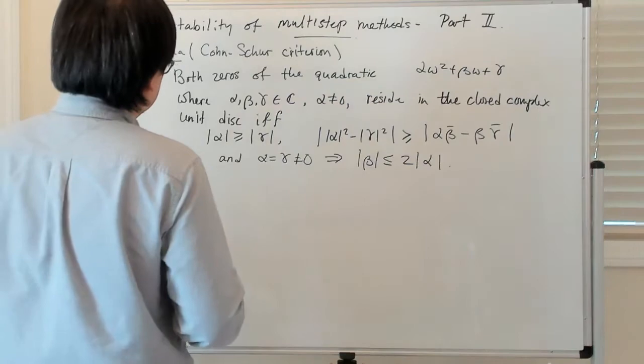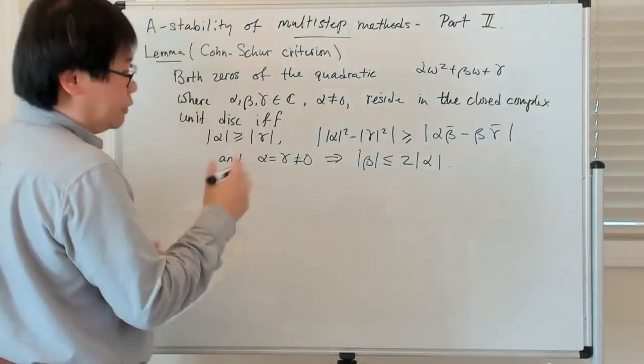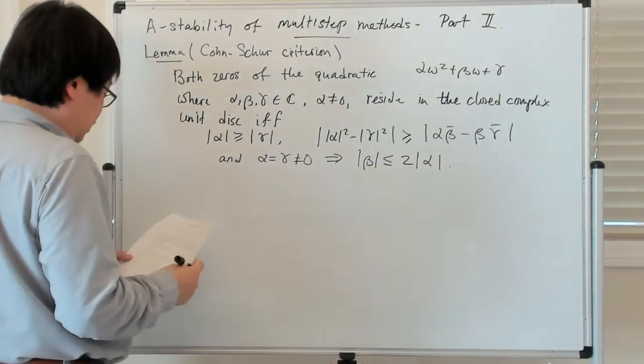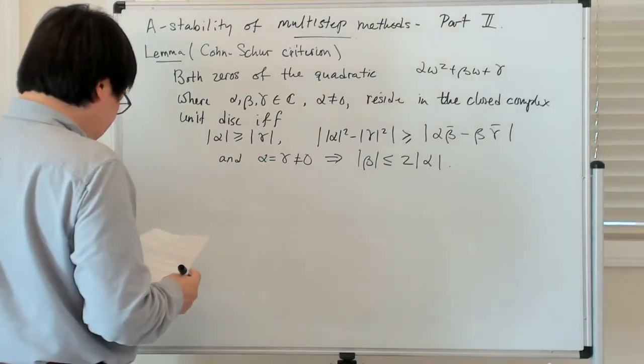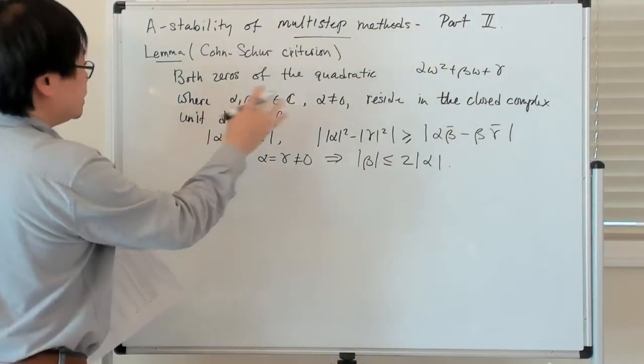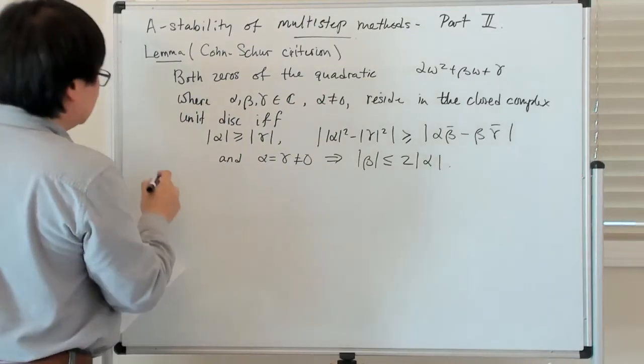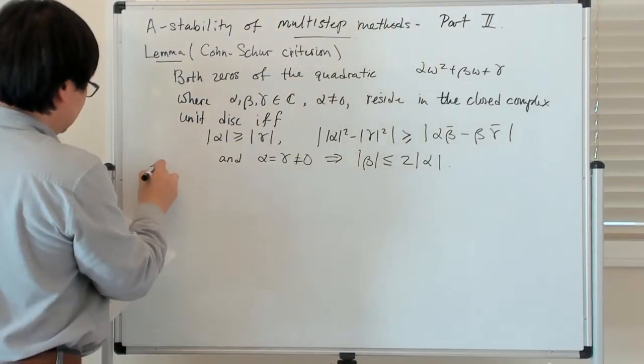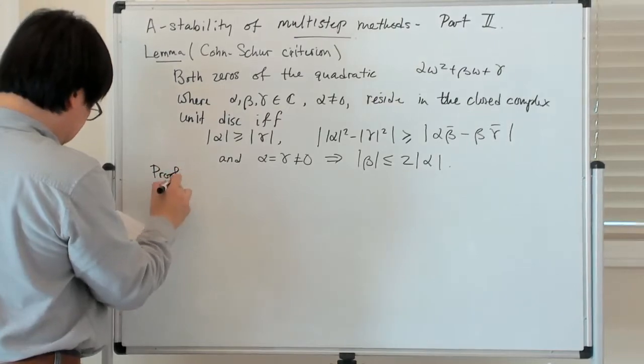This is a criterion you can use to check the conditions for A-stability of multi-step methods. It's specific to this kind of quadratic equation, so it's not extremely general.